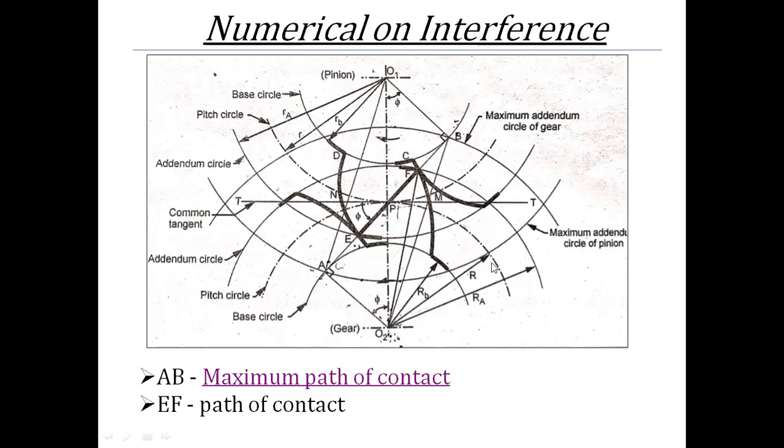So if RA increases up to RA max, interference will not occur, but if RA is greater than RA max, that means O2B, which is RA max, beyond that interference will occur. Same thing here also: if the addendum circle radius for the pinion exceeds O1A, that is RA max, beyond that interference will occur.